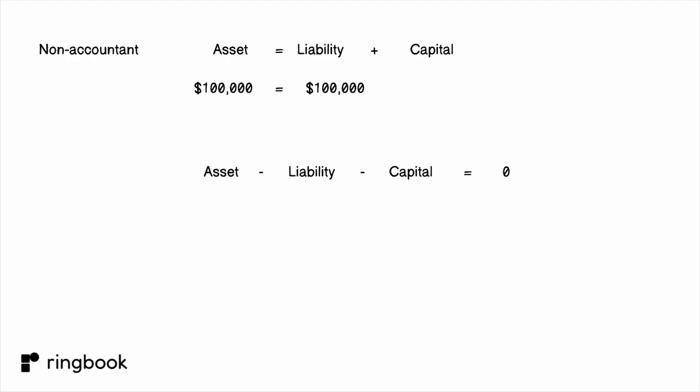Yeah. So to use the example that we just had, you borrow 100,000 from the bank, right? So in this case, the asset still has 100,000. But because the liability is a negative value, and the equation has to equal 0, we need to change the liability to a negative figure.